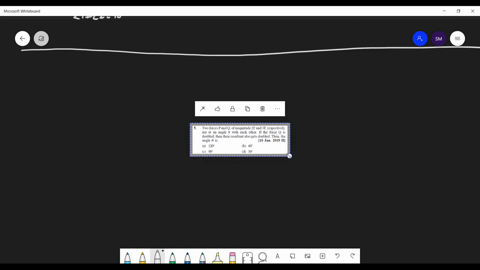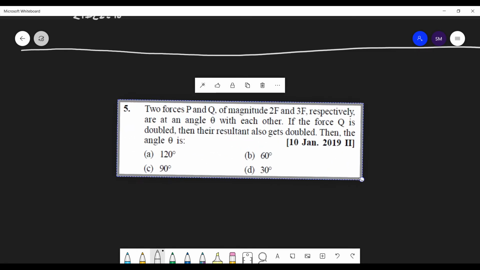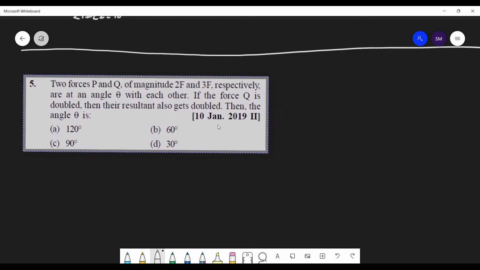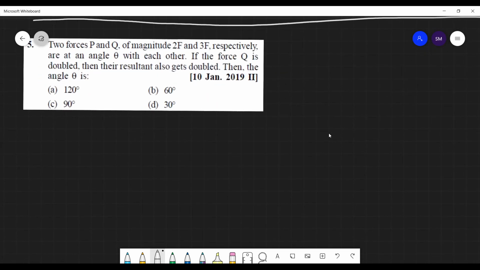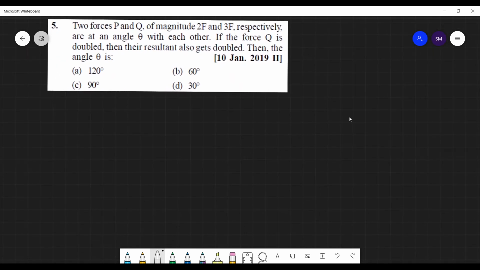So here's our next question. Two forces P and Q of magnitude 2F and 3F respectively are at an angle theta with each other. If the force Q is doubled, then the resultant also gets doubled.